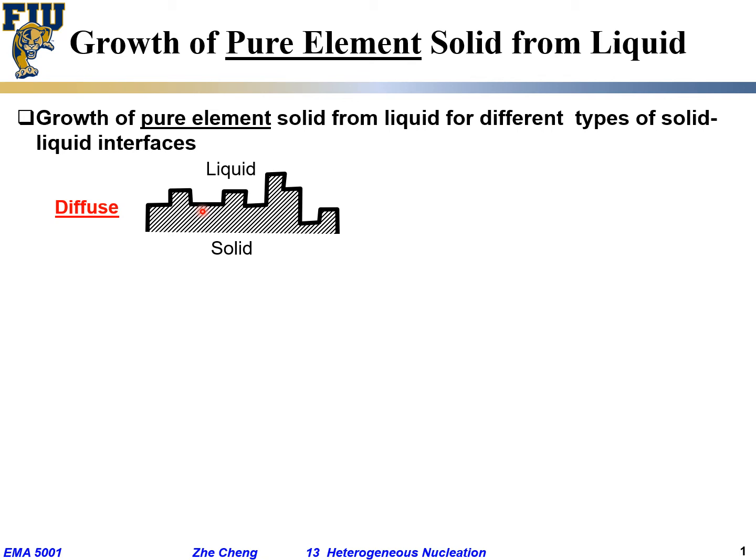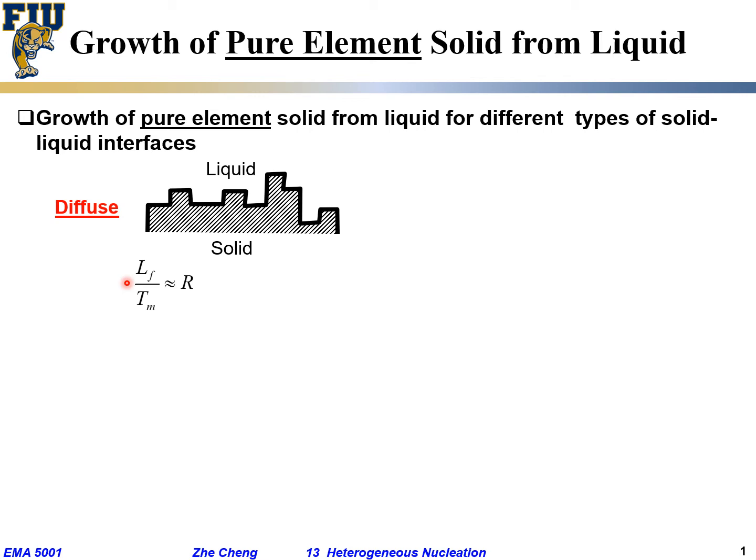And people find that these types of interface occur for systems that roughly satisfy this relationship. What does Tm mean? Melting temperature. What does Lf mean? The so-called latent heat of fusion, which is the amount of heat released when liquid goes to a solid.